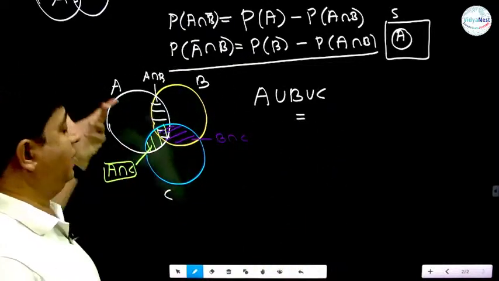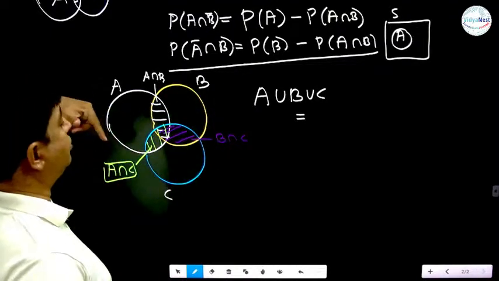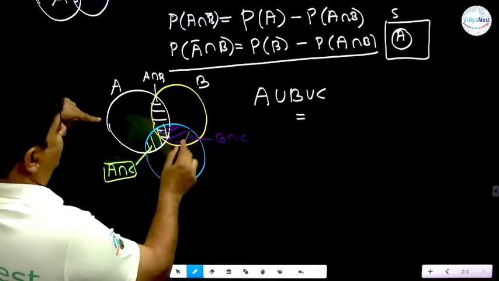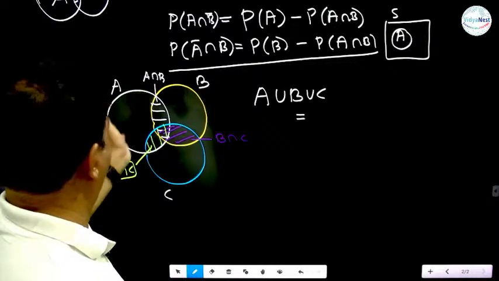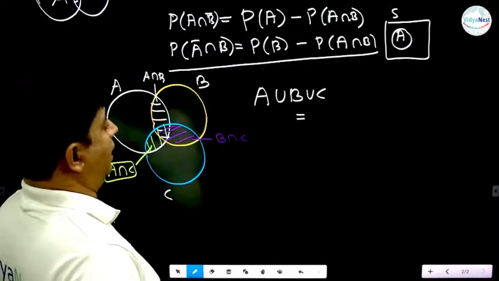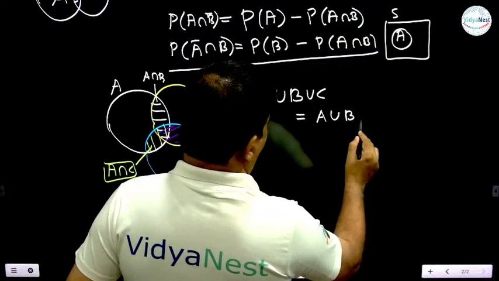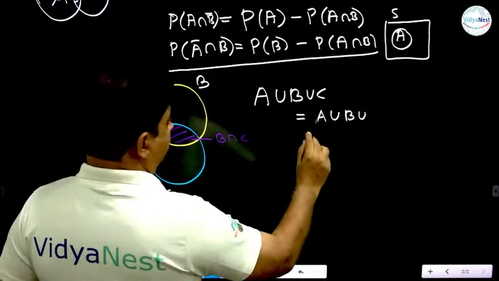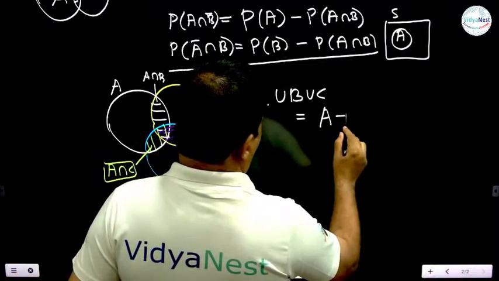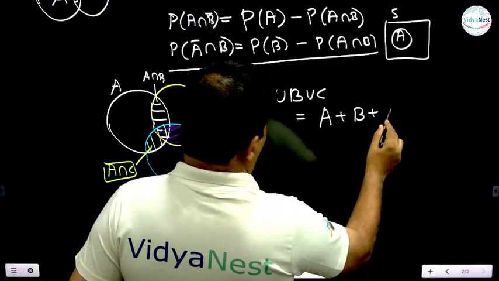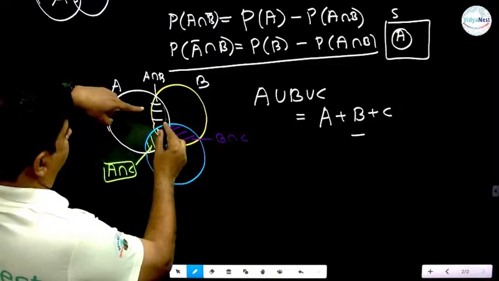In the previous case, where two sets were involved, we used to do what? Addition of two sets minus excluding the common part. So here, addition of three sets, minus, first we are excluding this part.